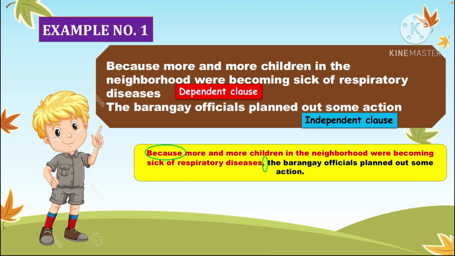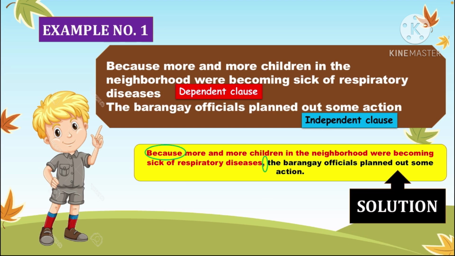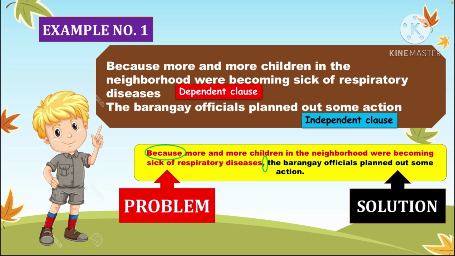The word because is our subordinating conjunction, while the comma separates the independent clause from the dependent clause. The barangay officials planned out some action shows the solution, while because more and more children in the neighborhood were becoming sick of respiratory diseases is the problem.